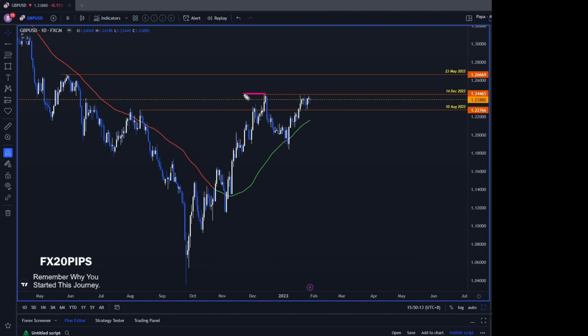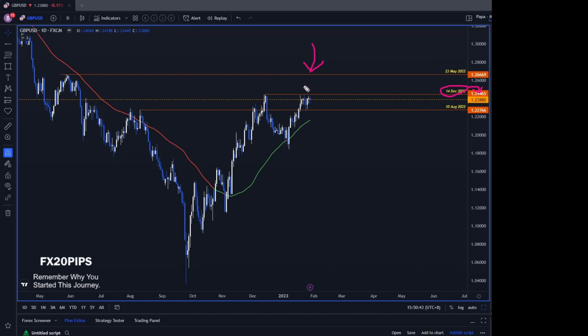So if you were to break here, the first credible resistance will be here. Don't get me wrong. If price were to go above here, there will be some up and down. This could be a resistance, but all these are small resistance. So what I'm trying to say here, this is a stronger rejection, just like this one.